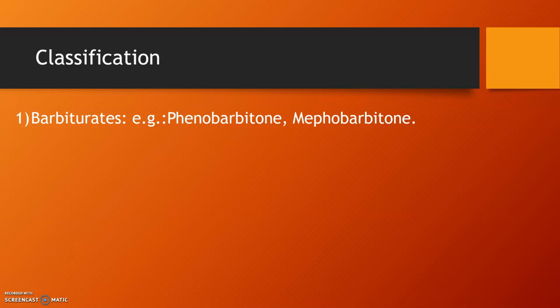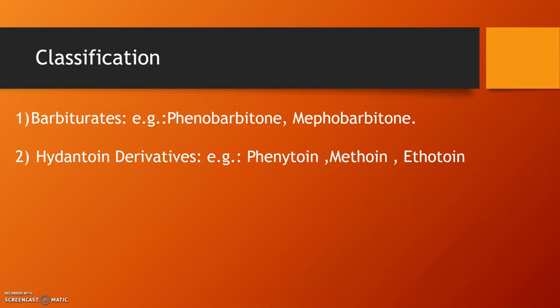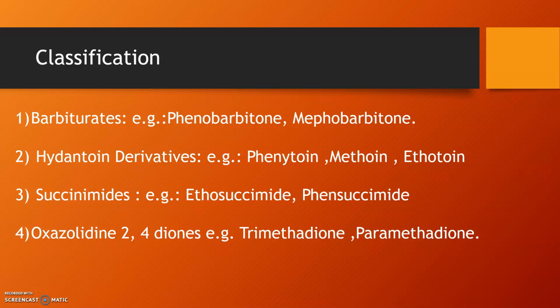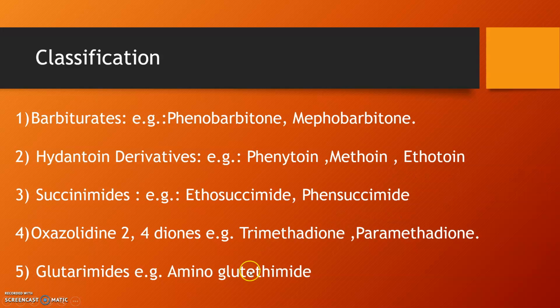First class is the barbiturate drugs: phenobarbital, mephobarbital. Second one is the hydantoin derivatives: phenytoin, mephenytoin, ethotoin. Number 3 is succinimides: ethosuximide, phensuximide. Fourth one is oxazolidine-2,4-diones. Examples are trimethadione, paramethadione. Fifth one is the glutarimides. Example is aminoglutethimide.